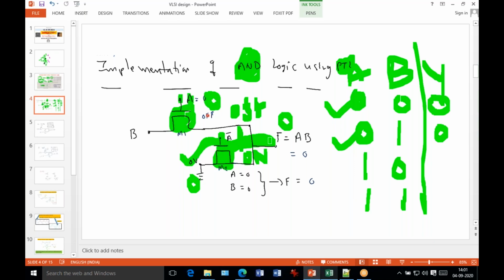Whatever you apply as the input signal, 0 or 1, your output is always 0.